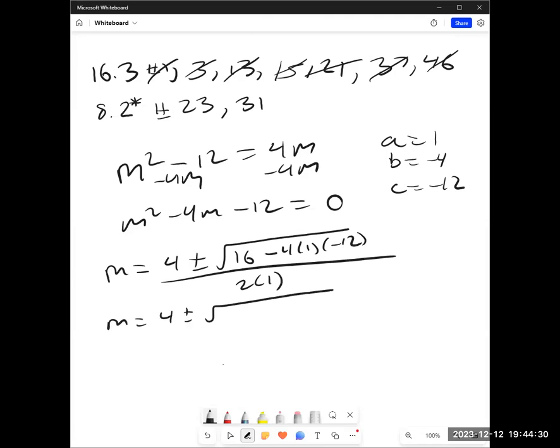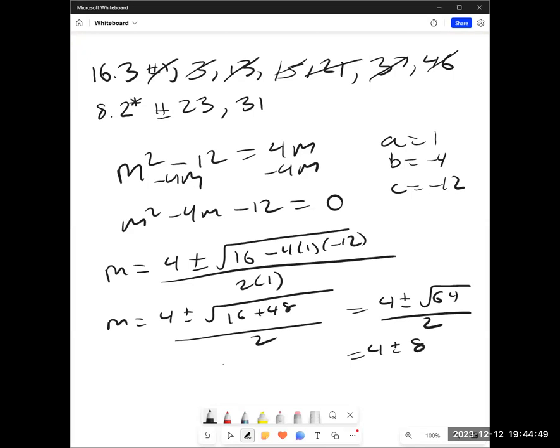Plus or minus root 16 plus 48 over 2. 4 plus or minus root 64 over 2. Okay, so this is one of those ones where this is a perfect square. So this should have been factorable. It's going to be 2 plus or minus 4.